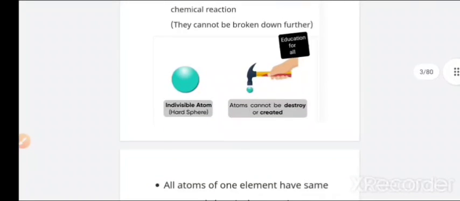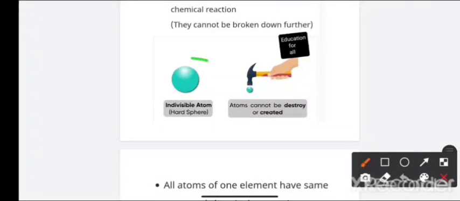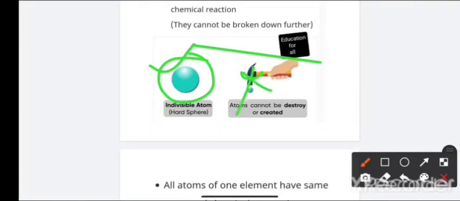This is the figure of an atom. The green sphere and the blue sphere are atoms. If it is an atom, then we cannot break it. If it is broken, then we know that it is not an atom.